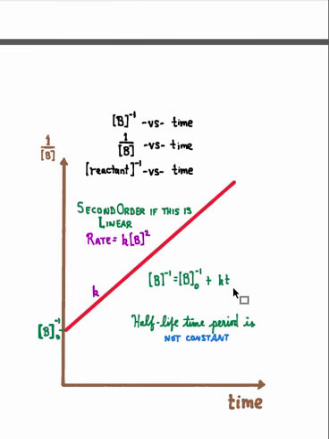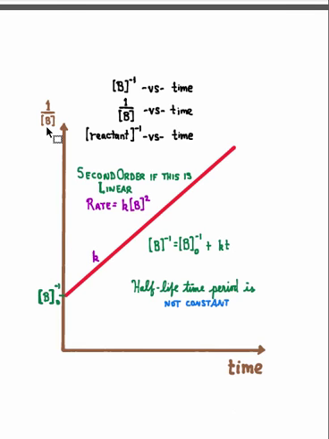So this one would be the reciprocal of B versus time, 1 over B versus time, the reactant to the -1 versus time. If that indeed linearized the data, we would say it's second order in B. Rate equals little k times B squared.